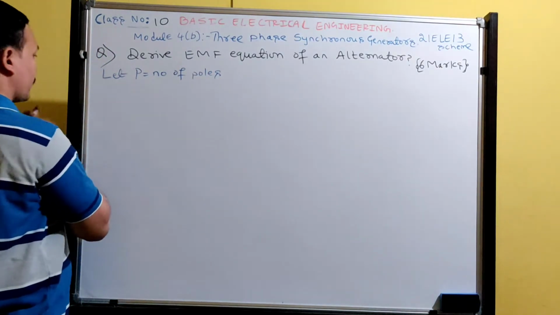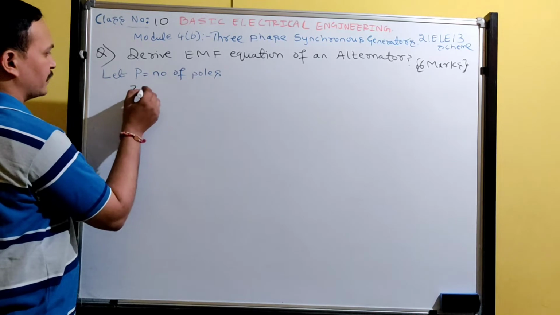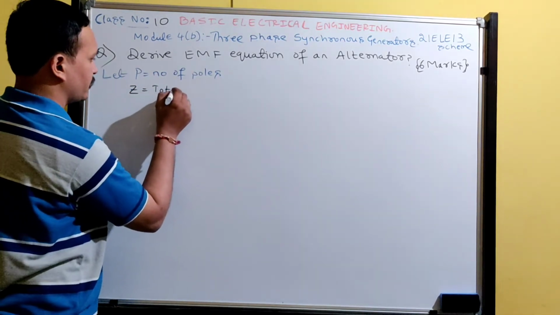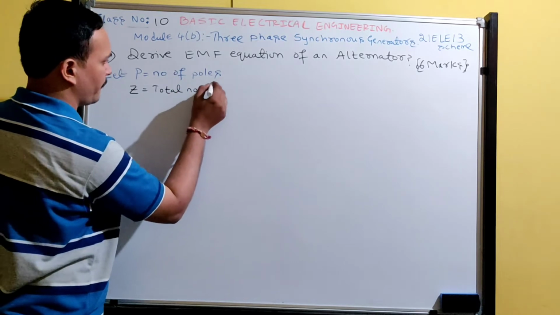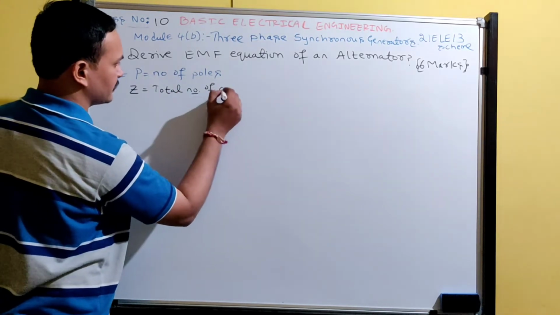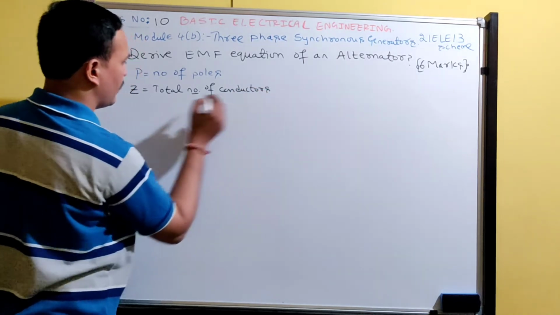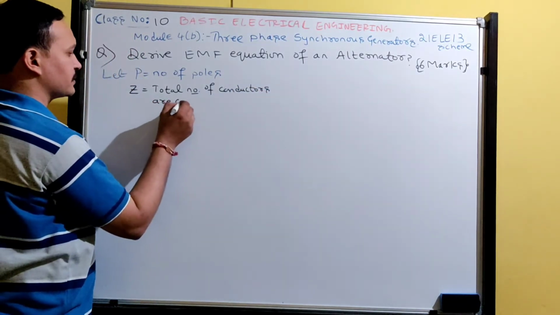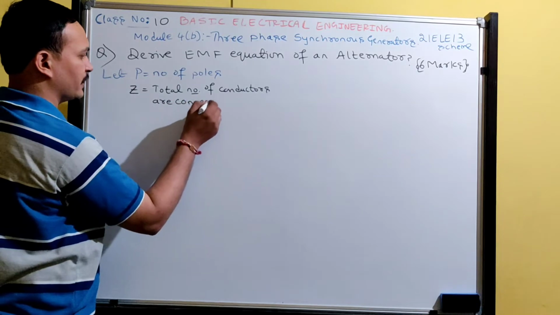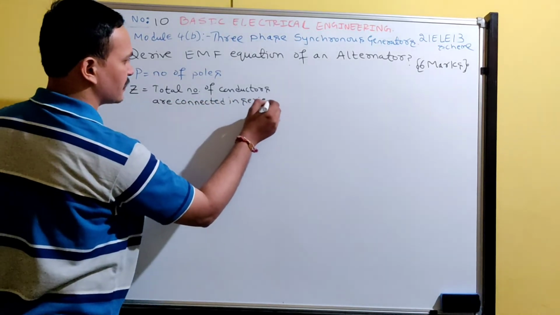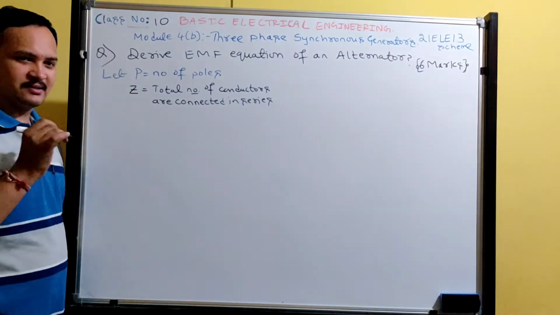And then capital Z is the total number of conductors connected in series. That is denoted as Z.